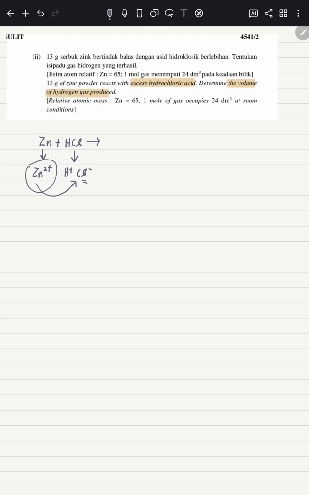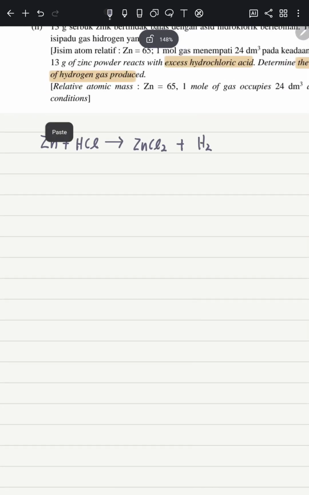It cannot combine with H plus again because it was already combined with H plus in the reactant. So Zn2 plus and Cl minus combine and they make ZnCl2, and this hydrogen H will become hydrogen gas. That's it. This one you don't need to show, it's just to understand in detail.